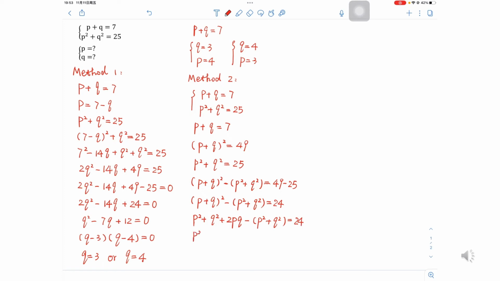P squared plus Q squared plus 2 times P times Q minus P squared minus Q squared equals 24. Thus we find 2 times P times Q equals 24. P times Q equals 12.